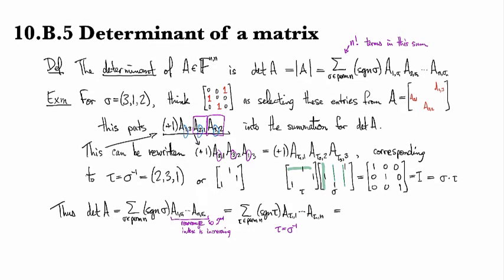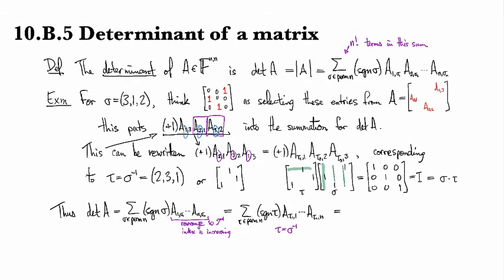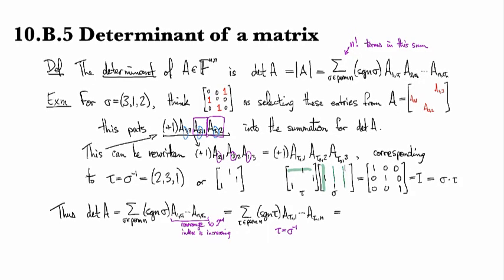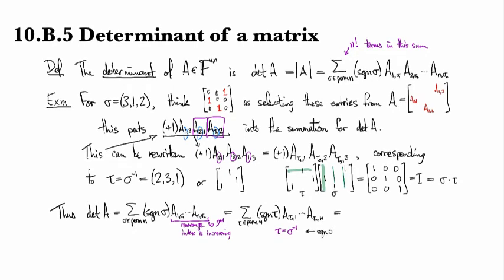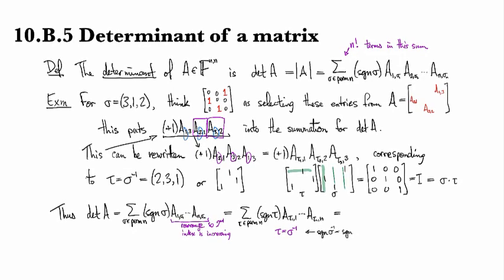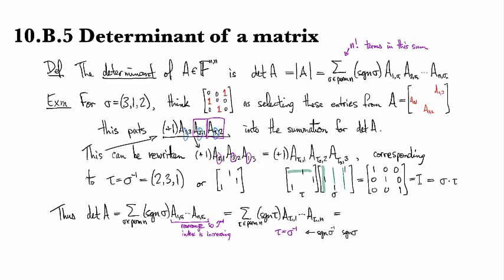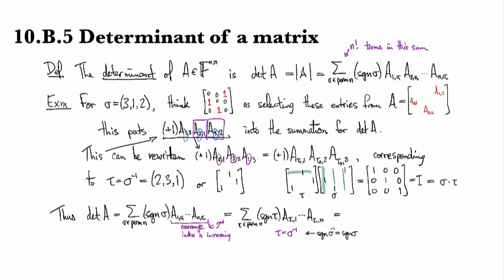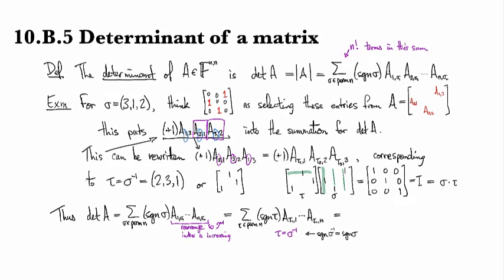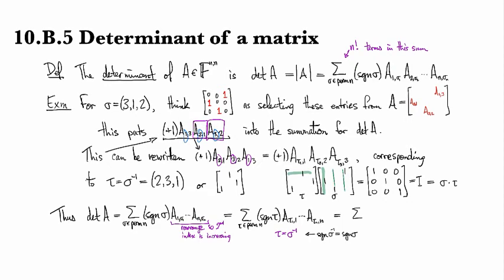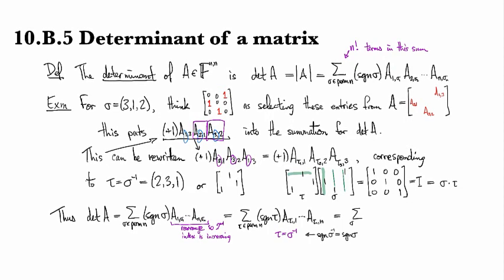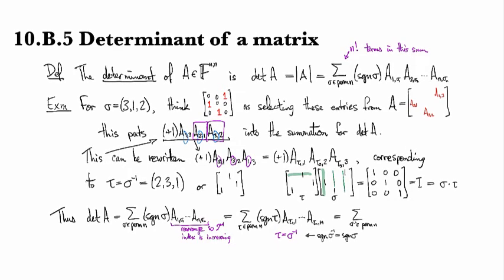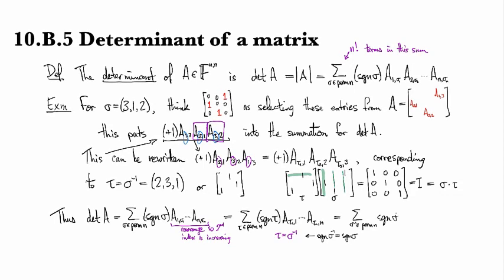And then that lets us know a couple things. So for one, the sign of sigma inverse is the same as the sign of sigma, because if it takes 3 transpositions to get you there going one direction, it'll take you 3 transpositions to get you back going the opposite direction. And so this is going to be the sum over all sigma inverses in perm n of sign sigma inverse.